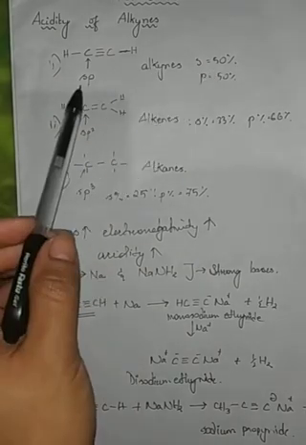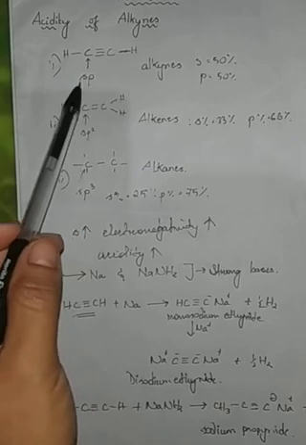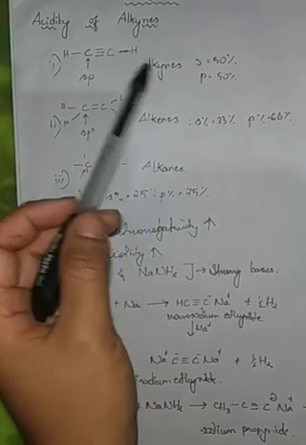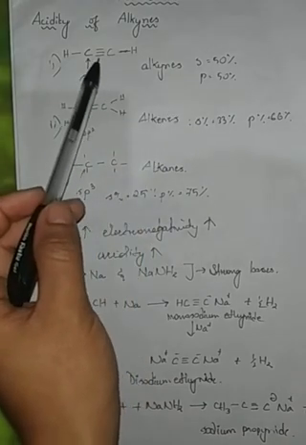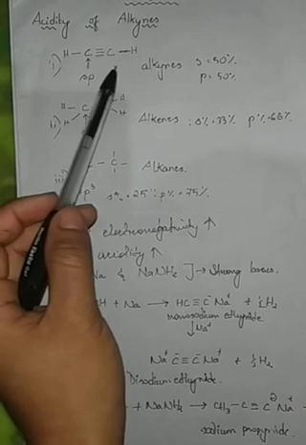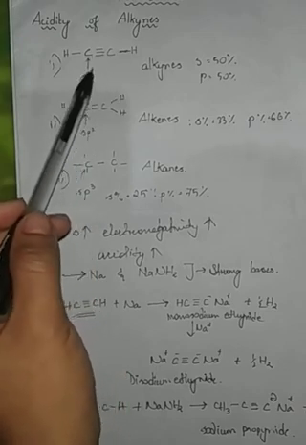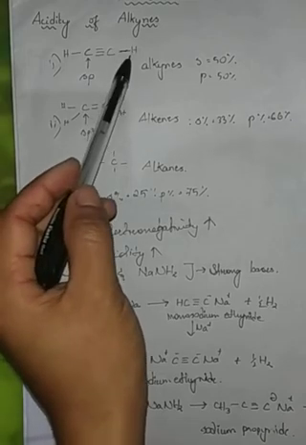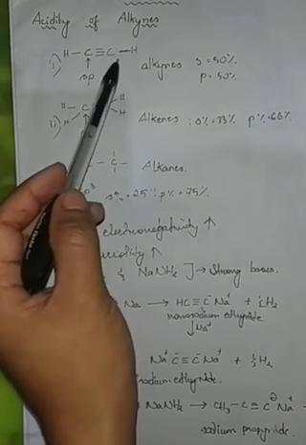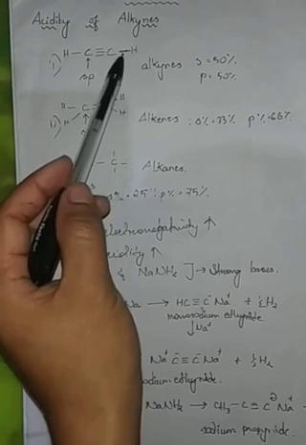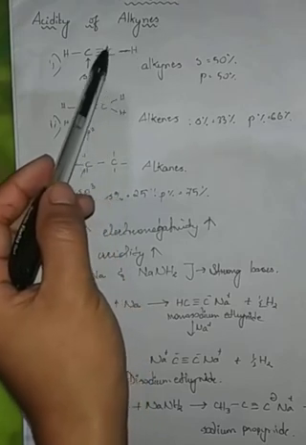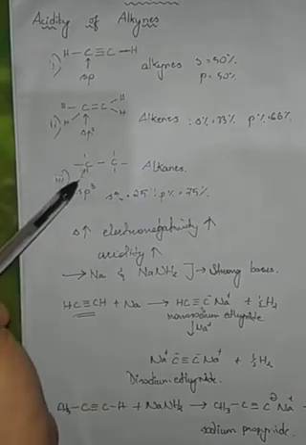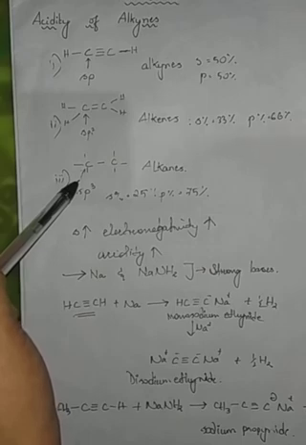Since it is sp hybridized, due to the maximum percentage of S character, that is 50%, the sp hybridized orbitals of the carbon atoms in the ethyne molecule have high electronegativity, and hence attract the shared electron pair of the carbon-to-hydrogen bond to a greater extent than the sp2 hybridized and sp3 hybridized carbon atoms in ethene and ethane.